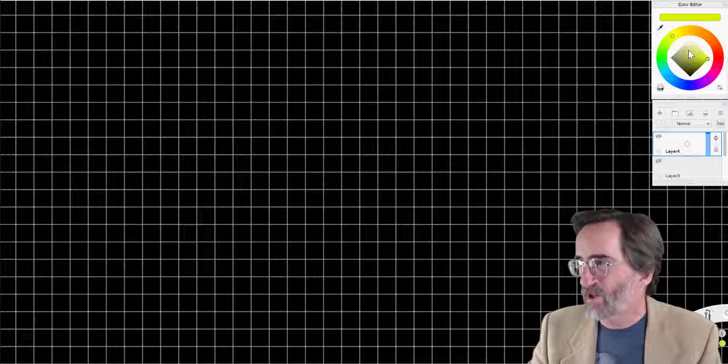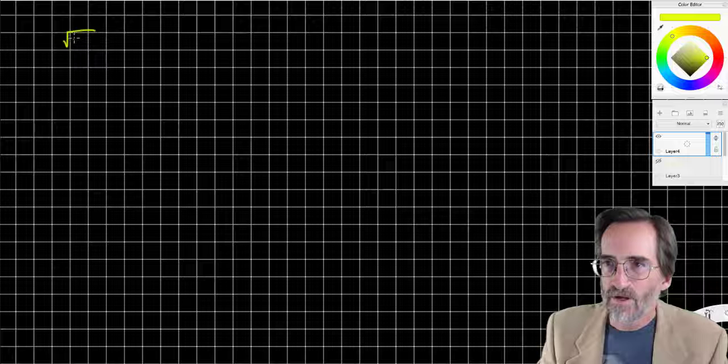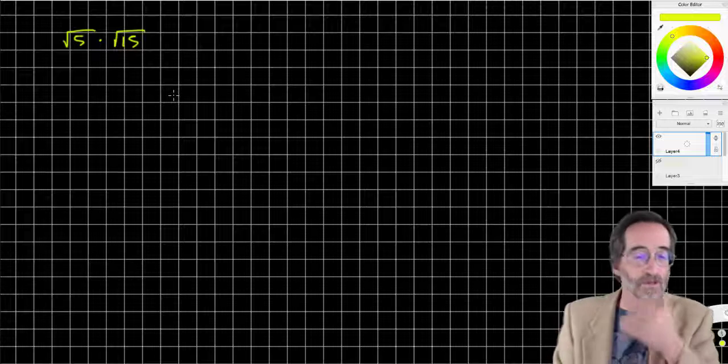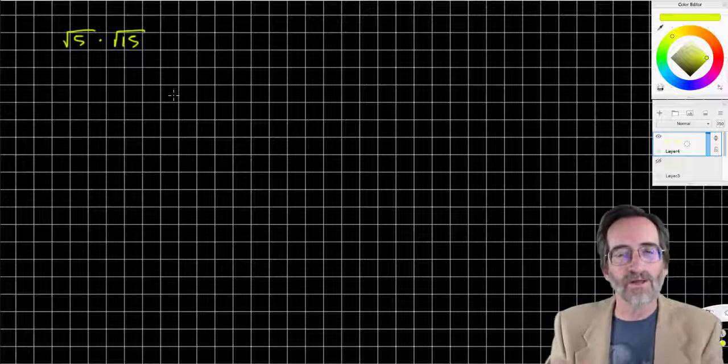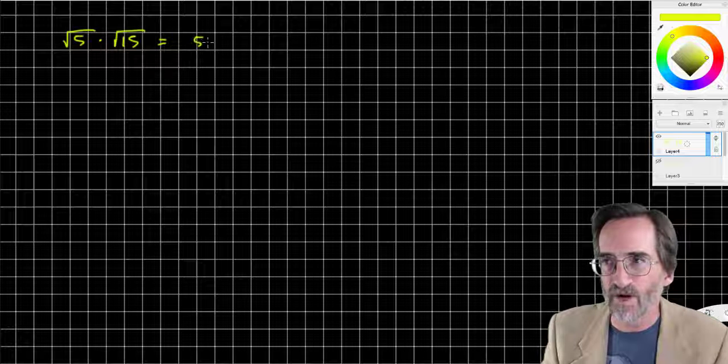Okay, multiplying. Let's cover multiplication. So root 5 times root 15. Basically the idea is you can combine radicals across multiplication. So this is the square root of 5 times 15.